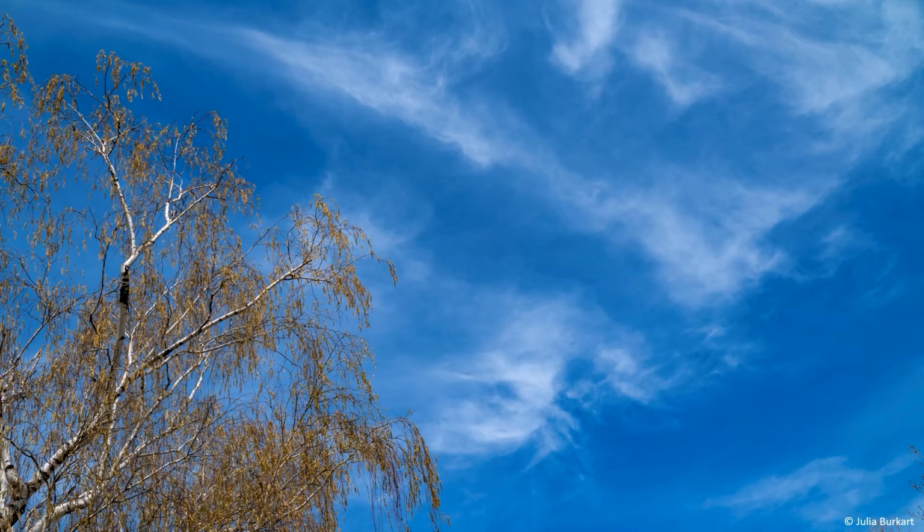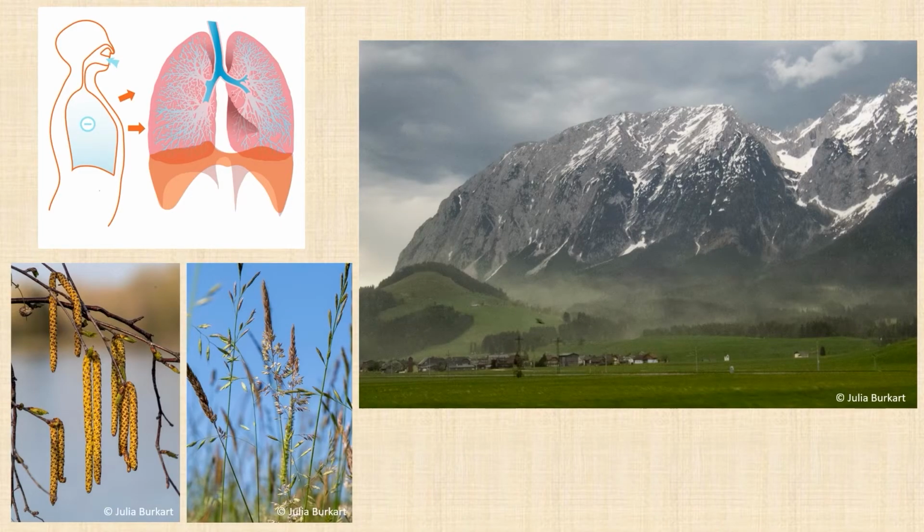Also, clouds in our atmosphere would not form without aerosol particles. Aerosol particles trigger the formation of cloud droplets and also the formation of ice crystals. Especially biological particles can trigger the formation of ice crystals very effectively and can lead to the formation of these feathery cirrus clouds you can see in this picture.